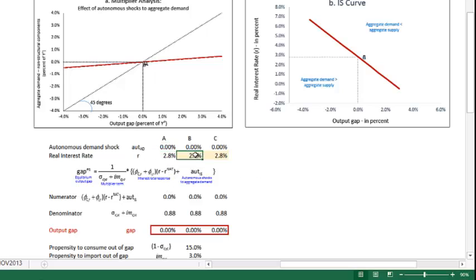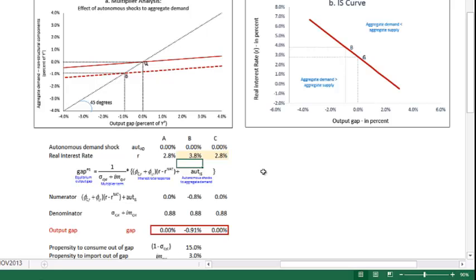If we have an increase in the real interest rate of 100 basis points from 2.8 to 3.8, what's that going to do to expenditures? As you can imagine, expenditures will decrease, and much as in the case with autonomous shocks to aggregate demand that we studied previously, we'll have the ripple effect.